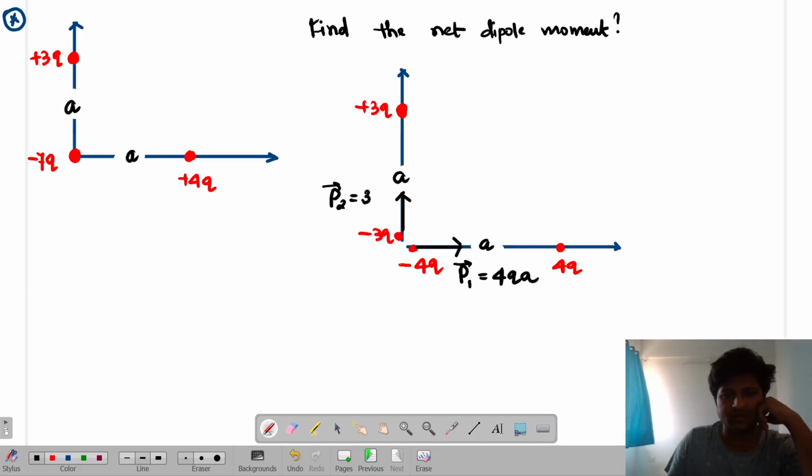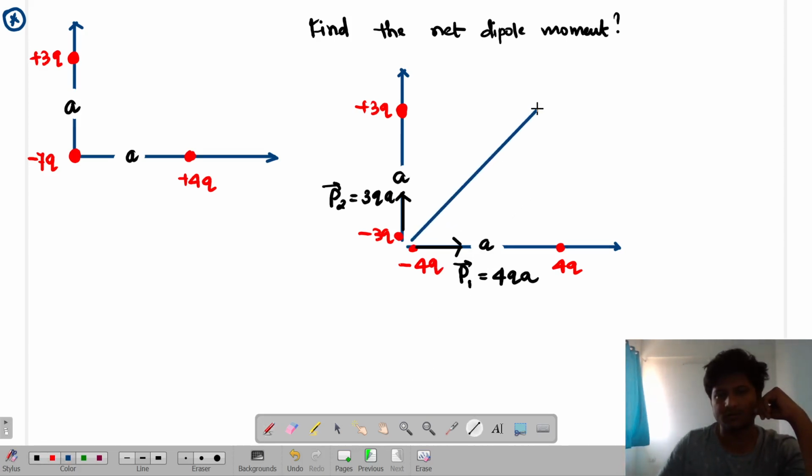It will then be 3q into length a, isn't it? So I got two dipole moment vectors. Therefore I can find the resultant dipole moment vector or not. So P resultant. Now look over here. If this is 3, this is 4. Got it? So this angle will be 37 degrees or not.